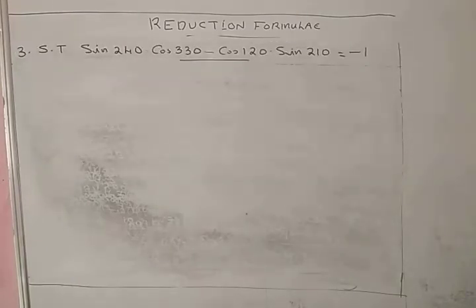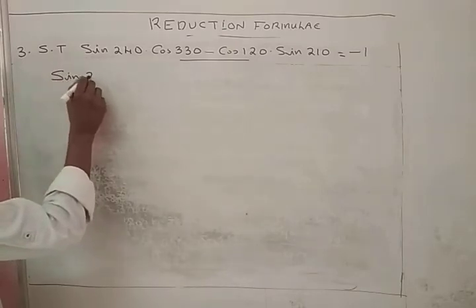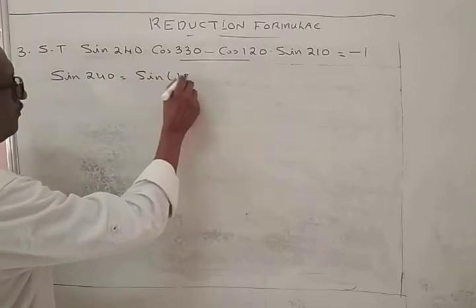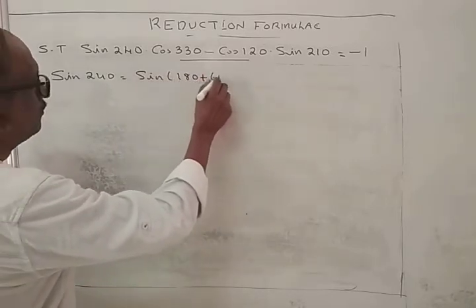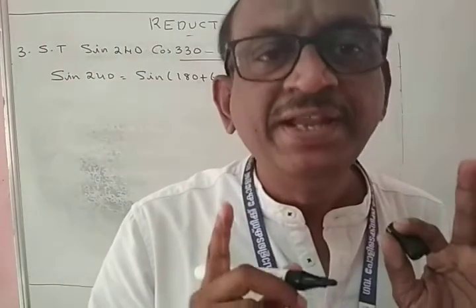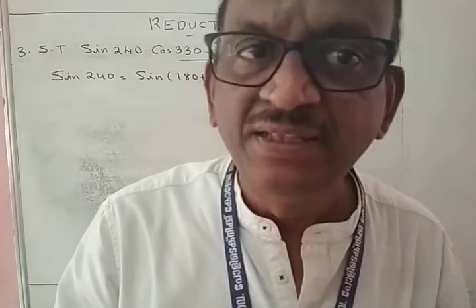Third problem. Show that sin 240 into cos 330 minus cos 120 into sin 210 is equal to minus 1. First sin 240 is the same as 180 plus 60. 180 plus 60 is in the third quadrant.